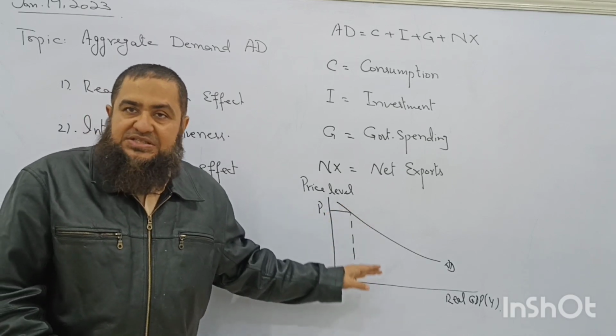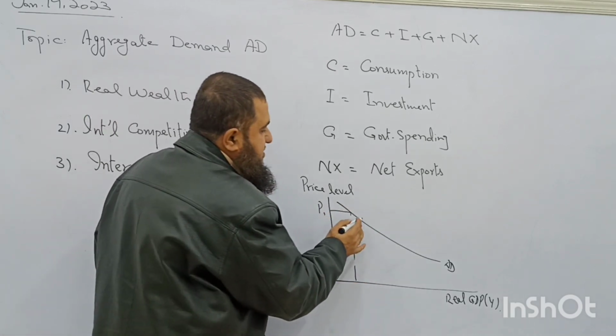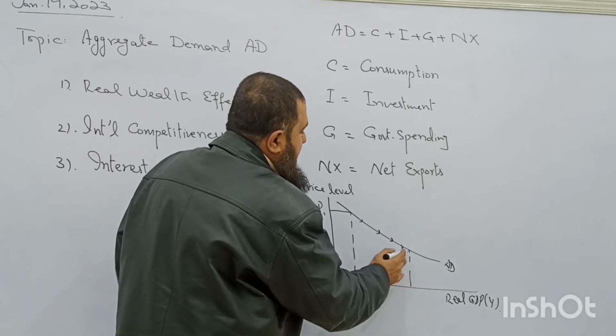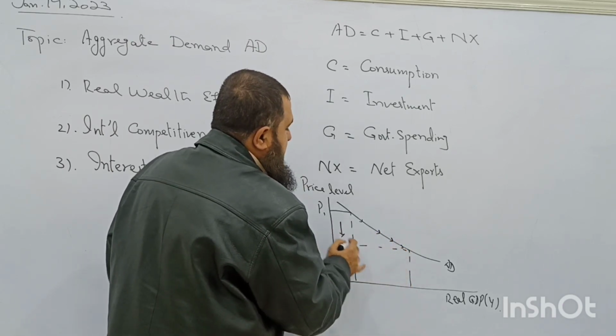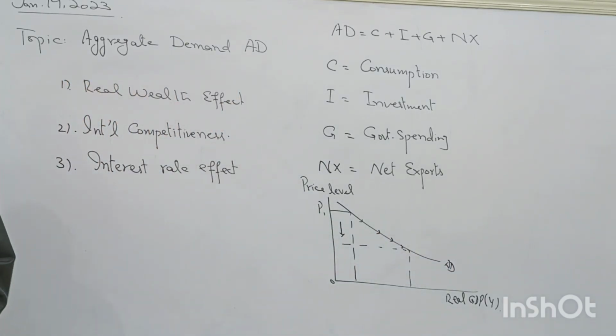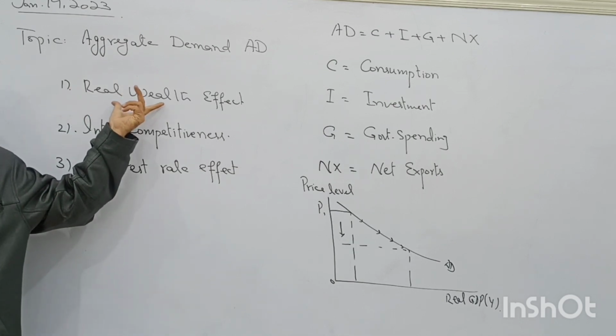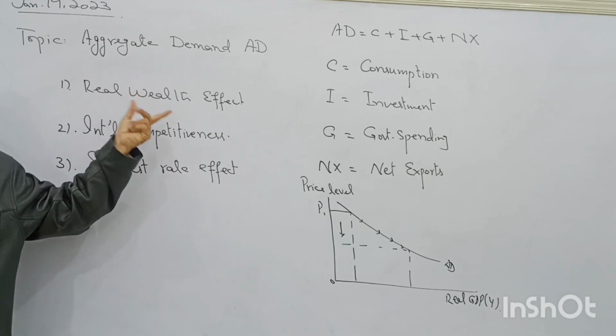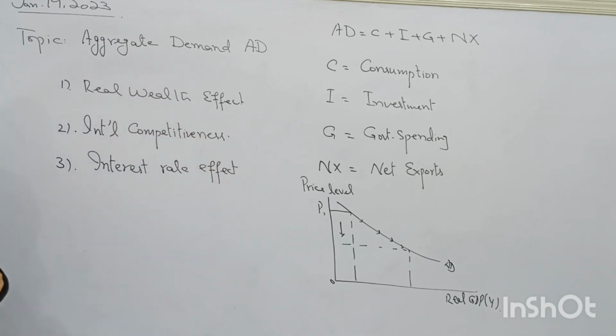Clear? So when prices are going to decrease, what happens? When prices are decreasing, there is more demand for real GDP in the economy. Why is there more demand? Because now the real wealth of people will increase. They are able to buy more goods and services. That's why they are demanding more.